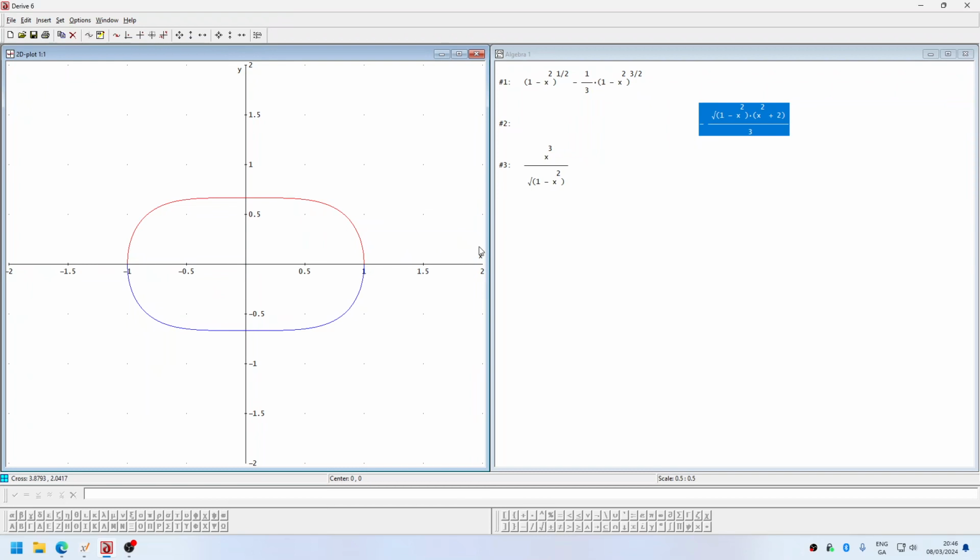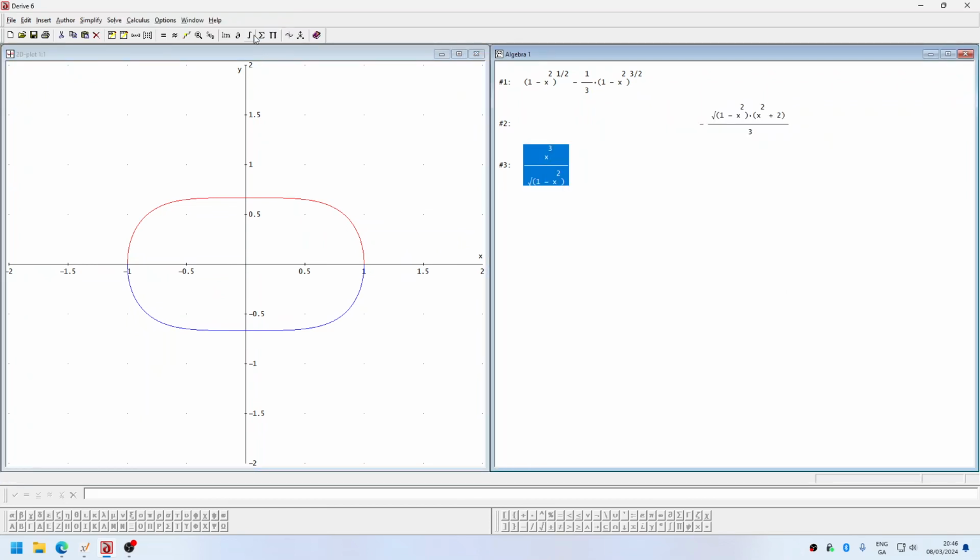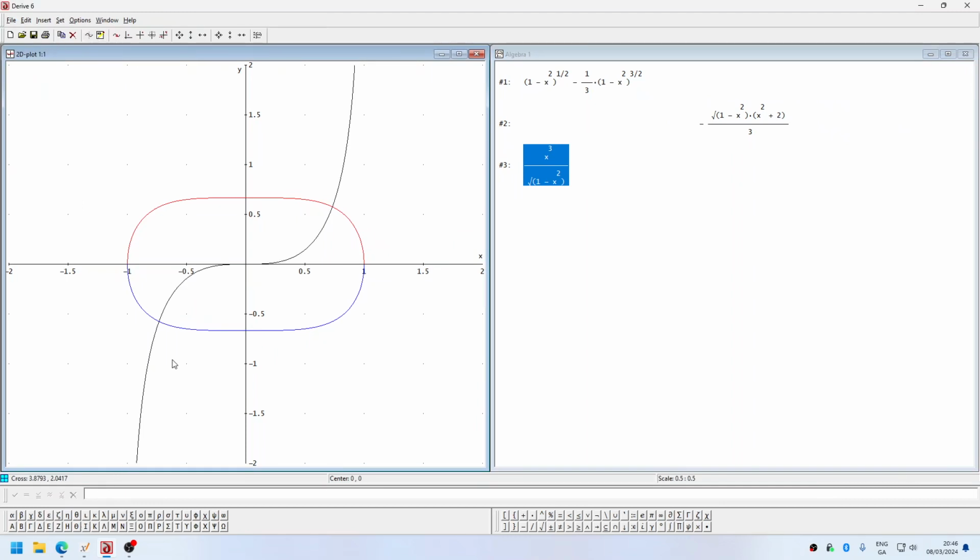Which answer to go with, though? The original function here: negative, negative, negative, positive, positive, positive. So I think it's the blue one because it begins with negative.